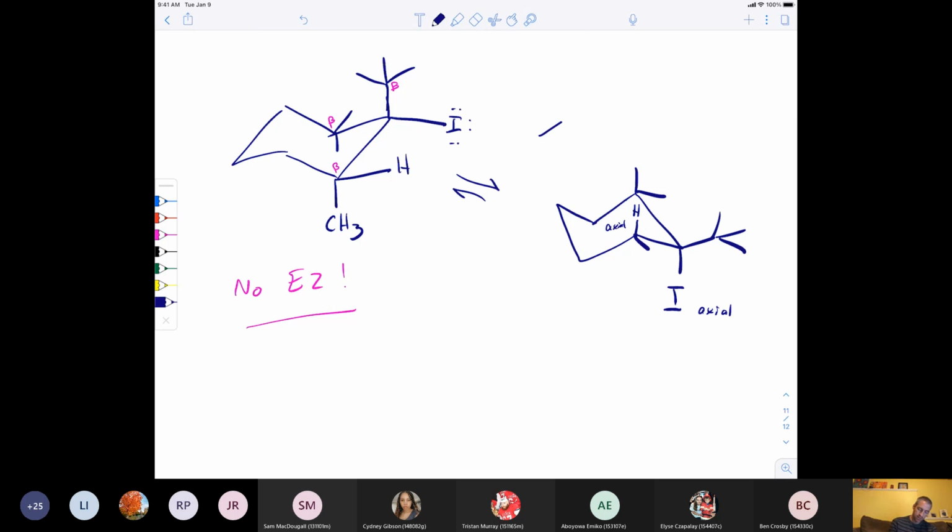And you could have an alkoxide come in. And now they are lined up just great to do an E2. And in fact, in this particular example, the iodide would be almost axial all the time because it has this really big group which wants to be equatorial. So that t-butyl group will make this a fast reaction because it'll have that hydrogen and iodide sort of perfectly lined up almost all the time.